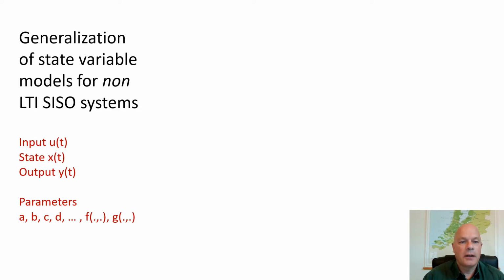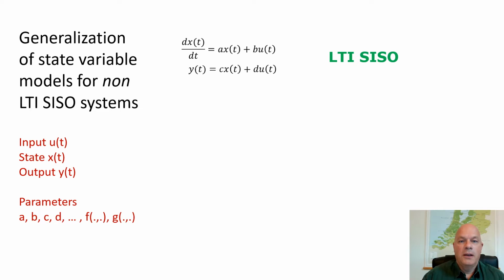And in the generalization, I'll be using u of t for an input variable, x of t for a state variable, and y of t for an output variable, and they can be vectors. And I'll use notations for parameters, lowercase a, b, c, d, or uppercase A, B, C, D, or functions, f and g. So the Jeffrey example is generalized to this form.